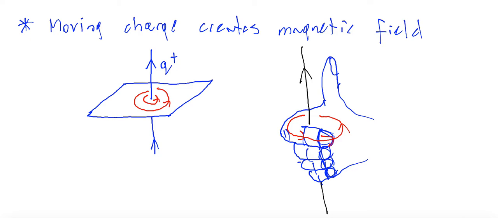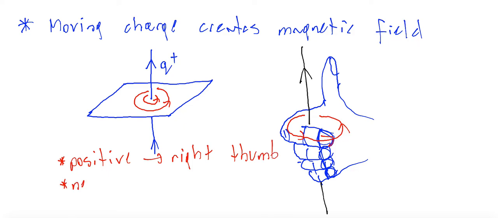Of course, if you have a negative charge, then the situation is completely opposite. So for a positive charge, the right thumb; for a negative charge there is the opposite direction. So use the left hand, or the right hand and invert this.